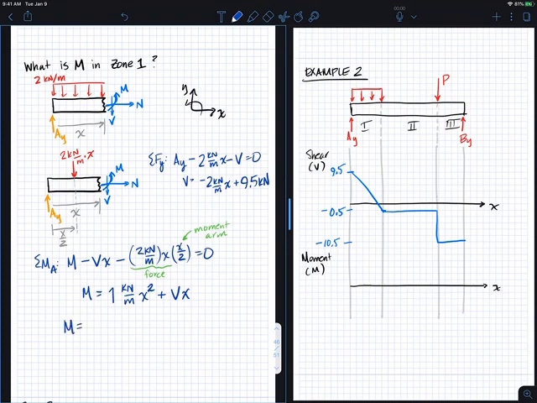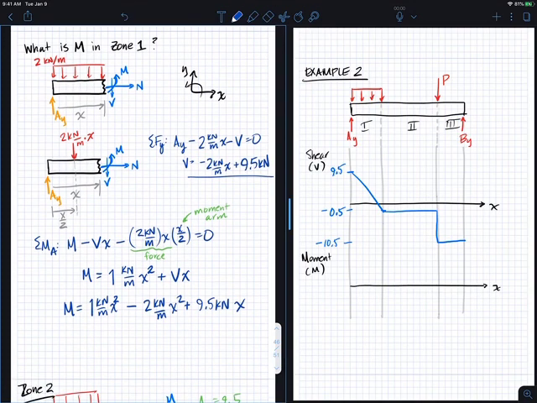Shear is minus 2 kilonewtons per meter, and I'm multiplying everything by x, so x squared, plus 9.5 kilonewtons times x. So our moment for zone 1 is equal to minus 1 kilonewton per meter x squared plus 9.5 kilonewtons times x.